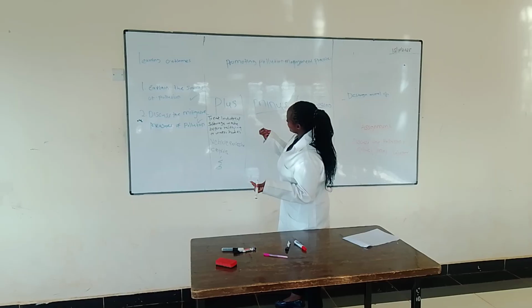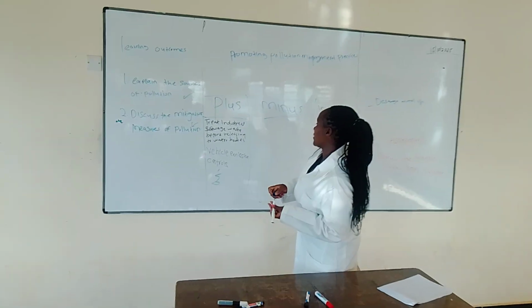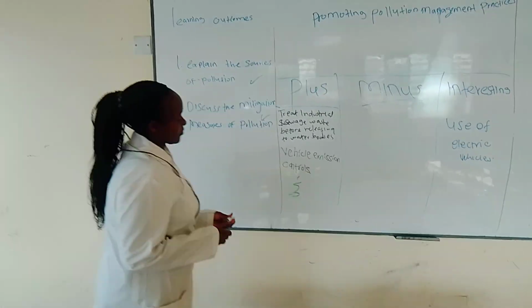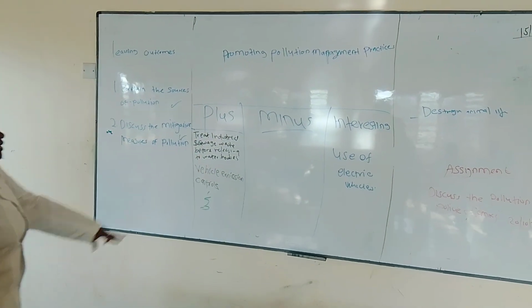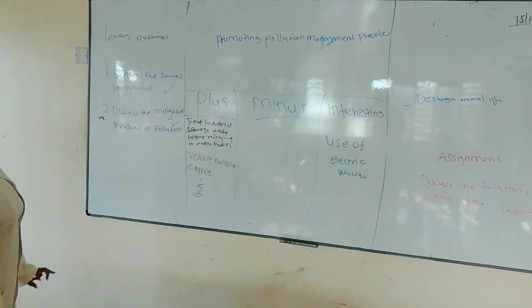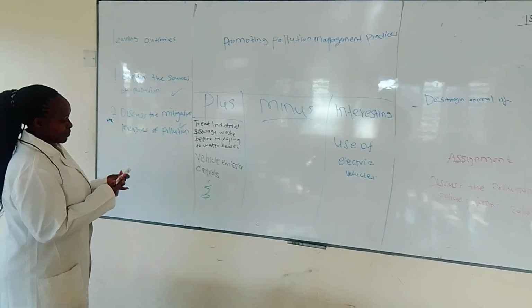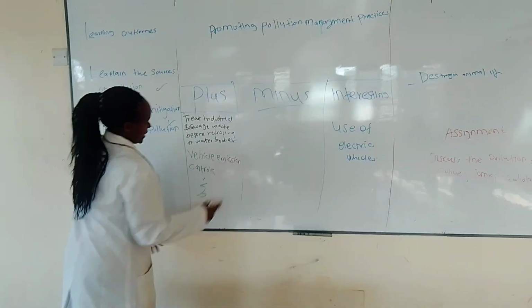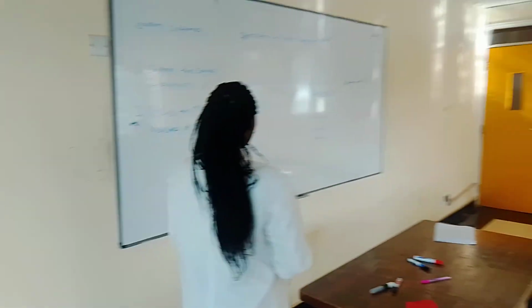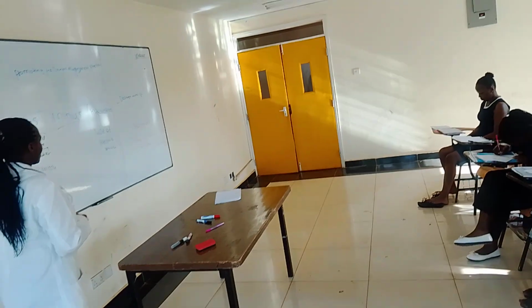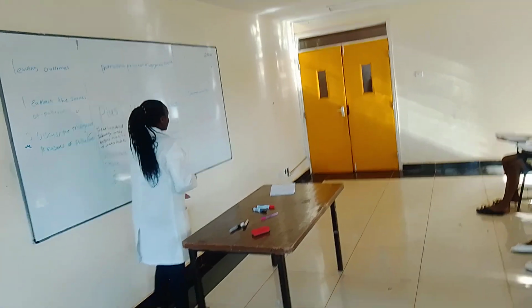So here, in a positive way, we can see that someone has written treat industrial sewage waste before releasing water to water bodies. Very good, these are very good things. So the next thing, vehicle emission controls. Yes, we can control vehicle emissions maybe through the use of electric vehicles.